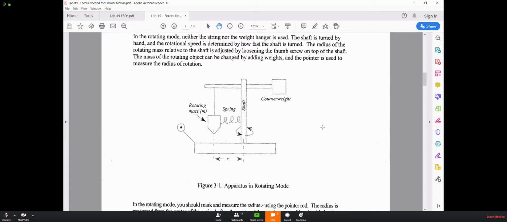My whole tabletop is rocking a little bit. So that's the rotating mode. Actually, to make it look like that, I should turn mine around because I have the hanger over here and it's showing over there. Doesn't matter too much, but to make it look more like shown there, I'll do that.